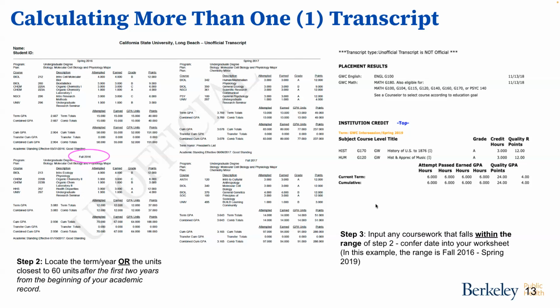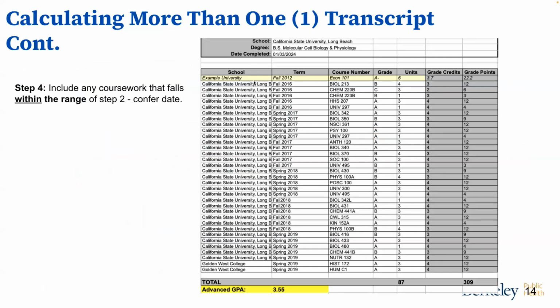So step 3, you'll input any coursework that falls within the range of step 2 to your conferred date into your worksheet. So in this example, the range is fall of 2016 until spring of 2019. And the exciting part, we plug and play. So you are going to take the worksheet that we use, input the institution in chronological order. This is why the transcripts are very important, because it allows you to plug everything in order of classes taken.